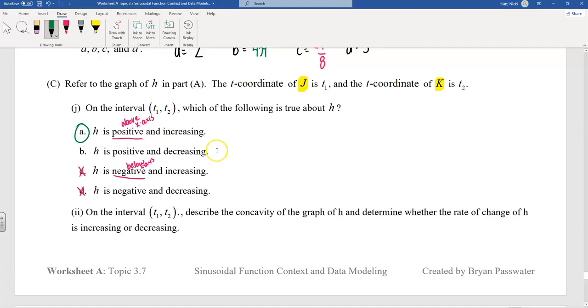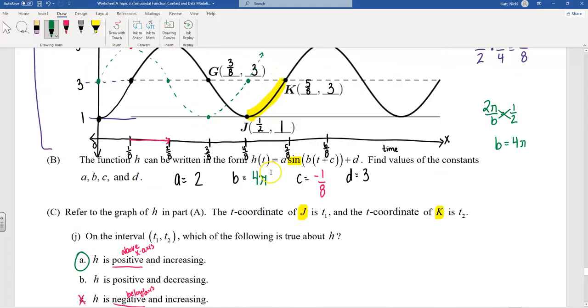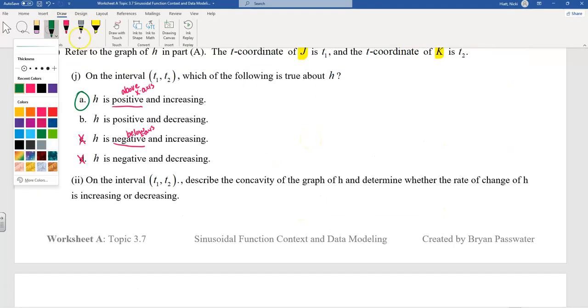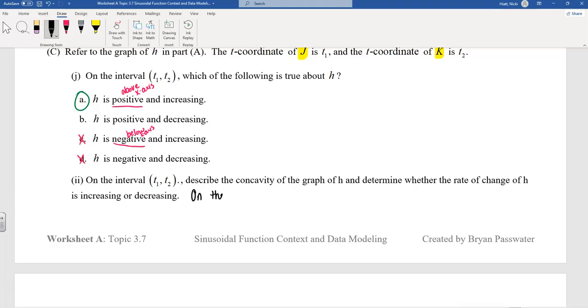Okay, so if I look at that graph, is my graph concave up or concave down from J to K? Concave up. So we are going to word our answer this way. On the interval T1 to T2.